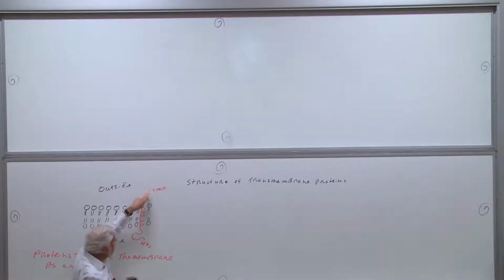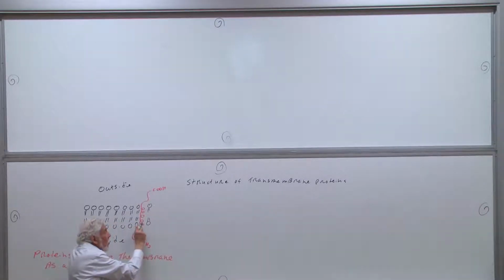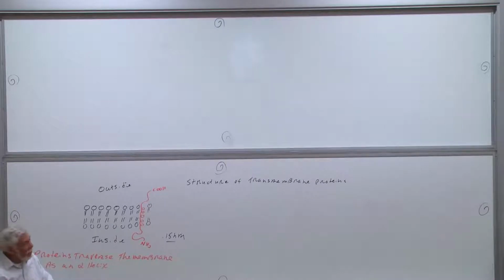The second point, and I misspoke yesterday, is that each time you step from one amino acid to the next, the advance is 0.15 nanometers. I said 0.45 yesterday, and that's simply not right. It should be 0.15.